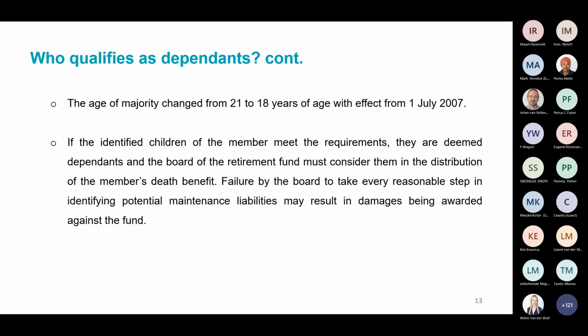Then, after a distribution has been made, they may come forward and say, but why was I not considered? I'm also a child of the deceased, or I'm also a wife of the deceased, I'm also a partner of the deceased, and I was dependent on him to sustain myself. So in that context, of course, if the board hasn't taken all reasonable steps to identify the dependents, this may result in damages being awarded against the fund.